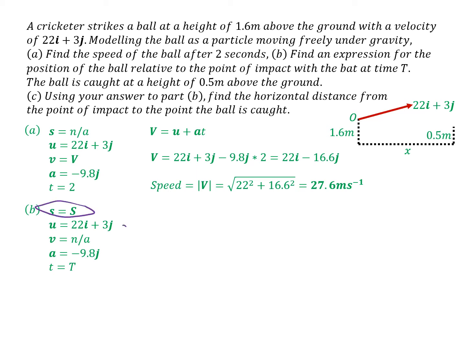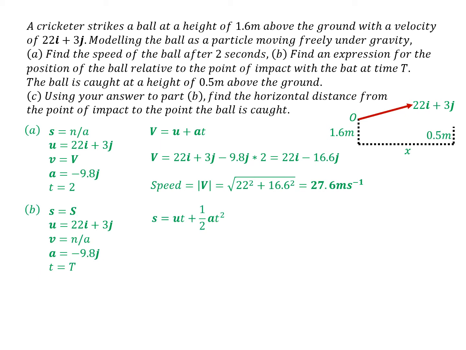We've got the initial velocity, the acceleration. We're not interested in the final velocity this time, and we're going to take the time as capital T. This is a general position of the ball at time t.